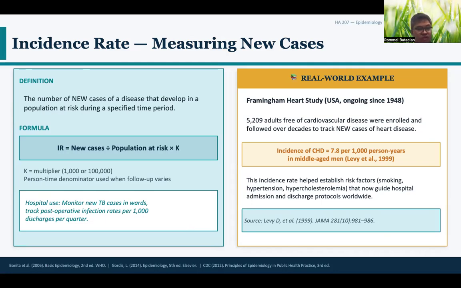And we now use these worldwide to screen patients, guide hospital admission criteria, develop discharge protocols, and even develop the management for these heart diseases. The incidence data from Framingham essentially shaped modern preventive cardiology.